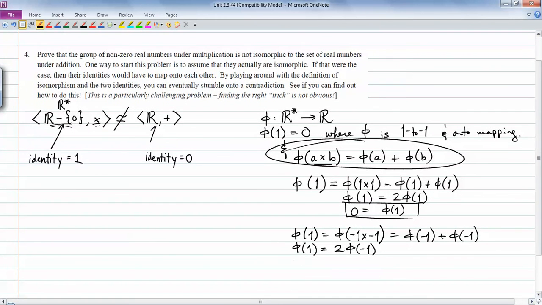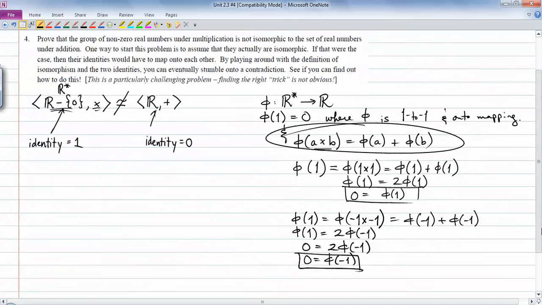And I know that phi of 1 has to be 0. So that's 2 phi of negative 1, and if I divide by 2, phi of negative 1 has to be 0. Well, I can't have 1 and negative 1 both mapping to 0. Well, that means that phi is not 1-to-1.